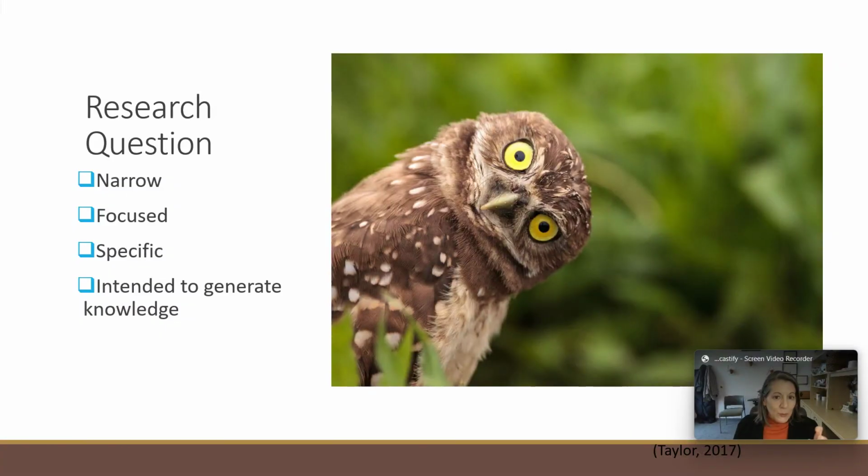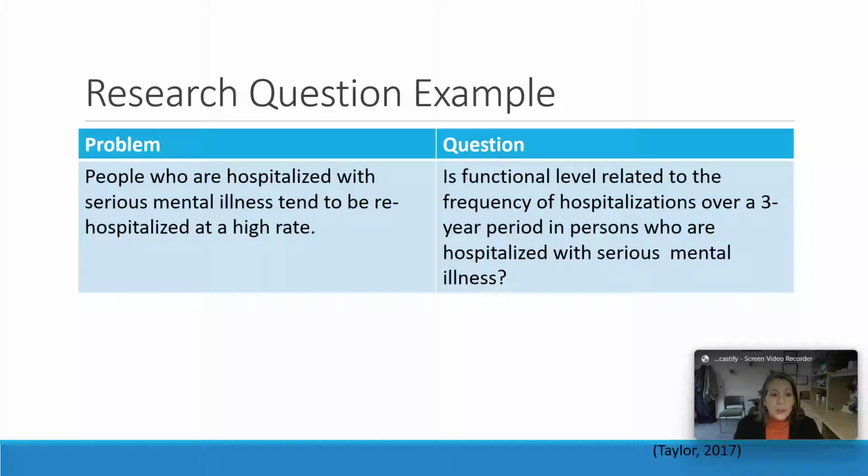Can't be done from a research perspective. You have to be able to take it off in small chunks. So then what you have is a research agenda, a series of studies that you're going to be pursuing over time to answer some of the broader questions that we have in practice and the knowledge that we want to generate in practice.